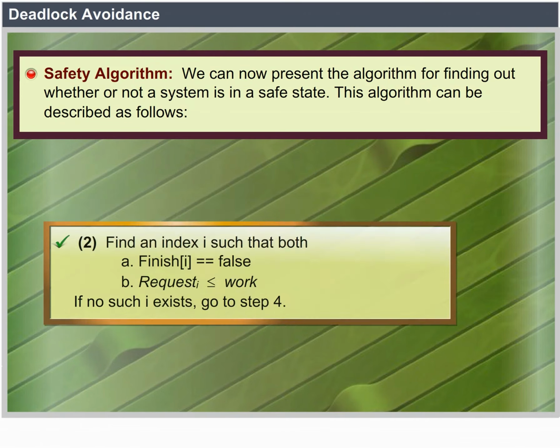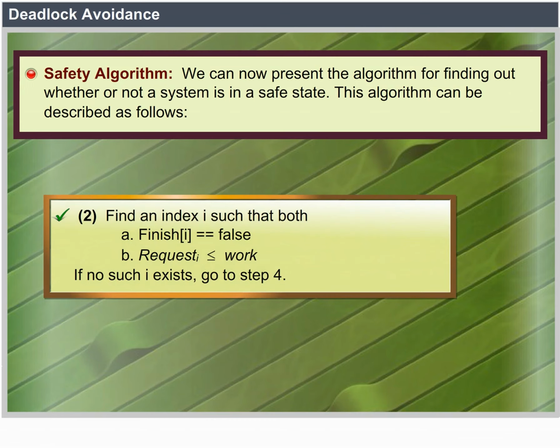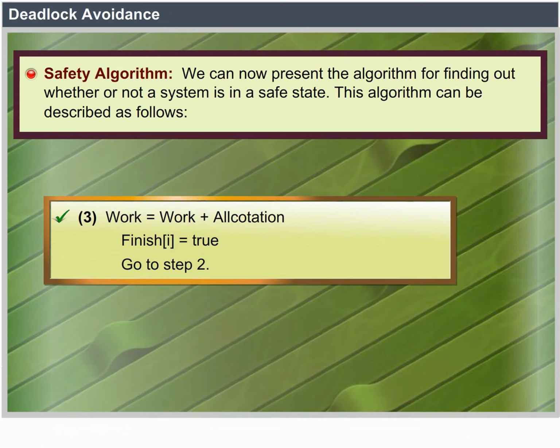Find an index i such that both a. Finish[i] is equal to false, b. Need i is less than or equal to Work. If no such i exists, go to step 4. 3. Work equals Work plus Allocation i. Finish[i] equals true. Go to step 2.